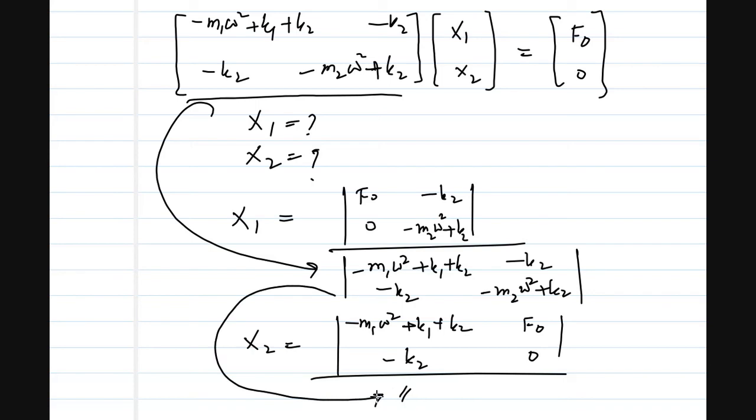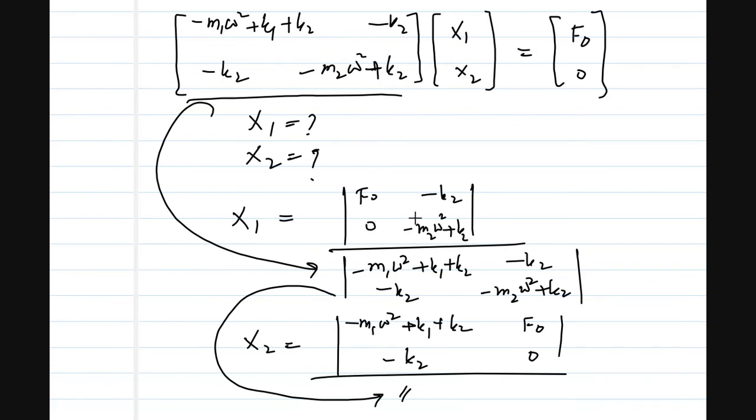These are the two expressions for x1 and x2, and you know this by Cramer's rule. We are actually interested in the expressions for x1 and x2. Now we have to solve it to get the actual relation for x1 and x2.